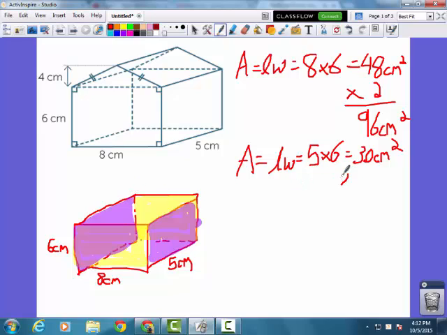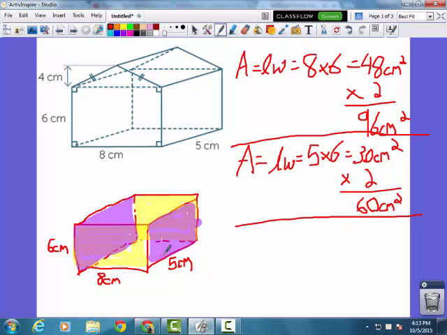So we can also multiply this by 2 for a total of 60 centimeters squared. Perfect. That's 4 of our sides that we've accounted for.